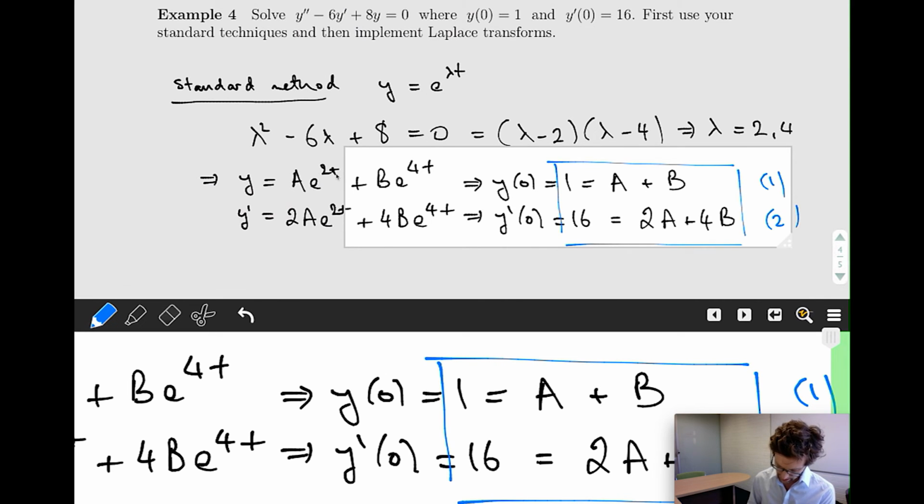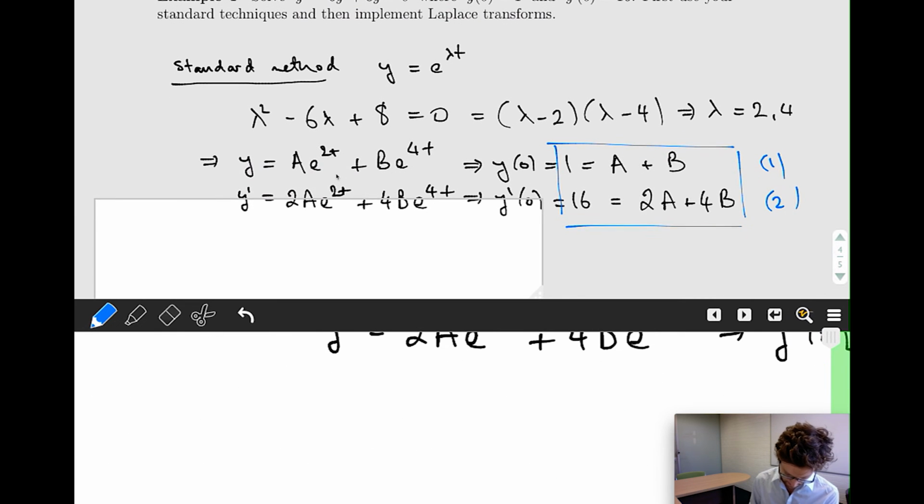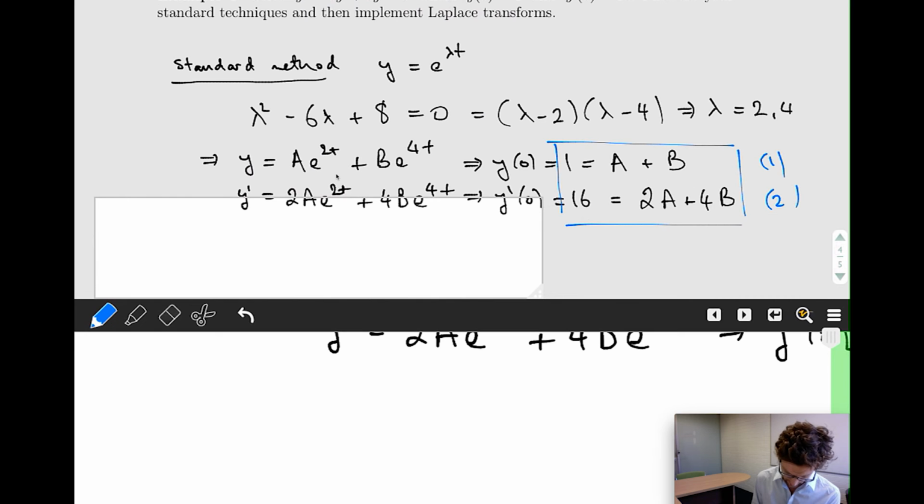So I can, for example, subtract 2 times equation 1 from equation 2.